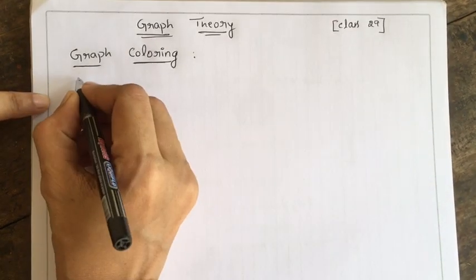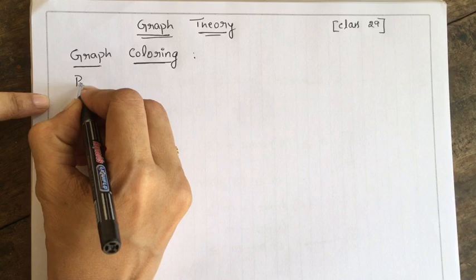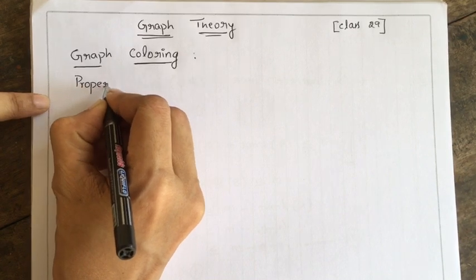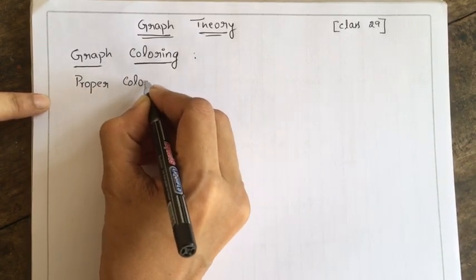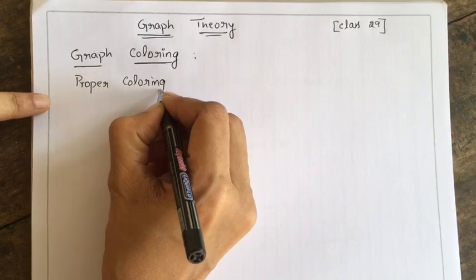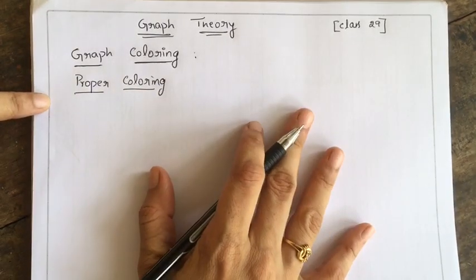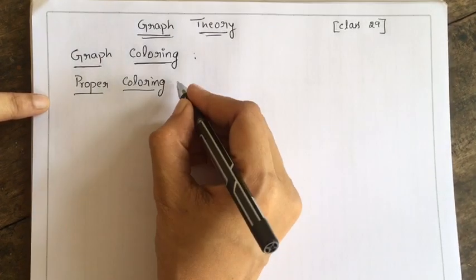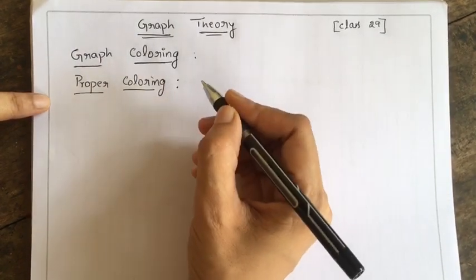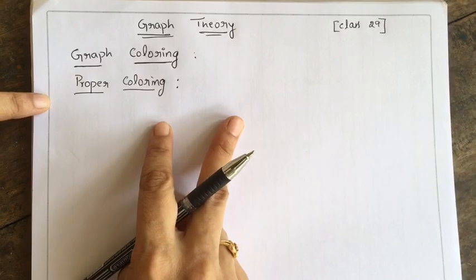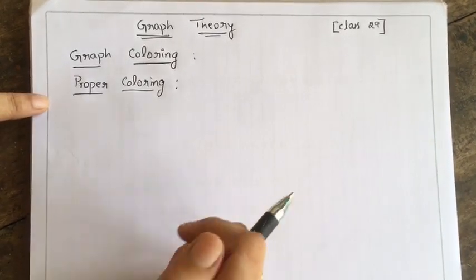So for that we say proper coloring. It means painting all the vertices of a graph with colors in such a way that no two adjacent vertices have the same color.